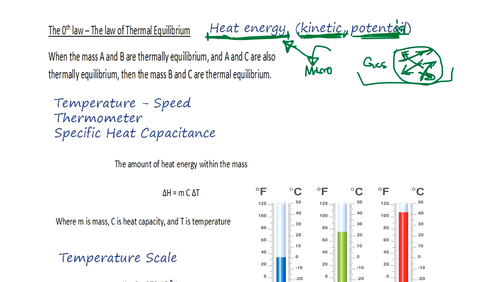Without this approach, thermodynamics is basically very dry. It's just a relationship between pressure, temperature, and volume, and the heat energy, kinetic energy, and others. So it's just a relationship.